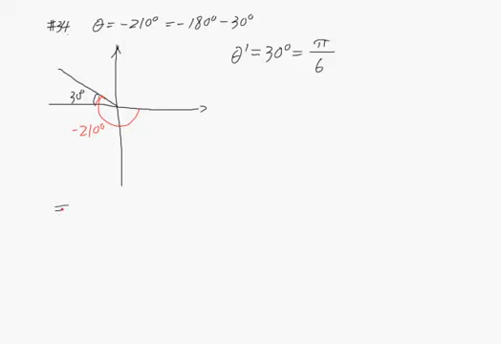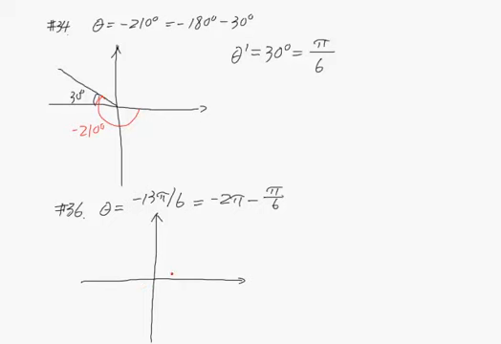And let's look at number 36. Theta is equal to negative 13 pi over 6. You may rewrite this as negative 2 pi minus pi over 6, right? So let's get the sketch.